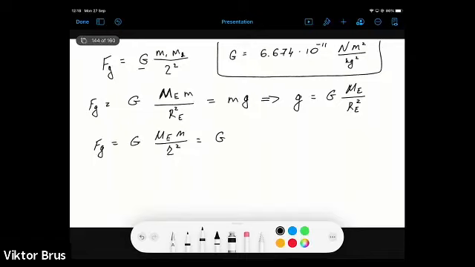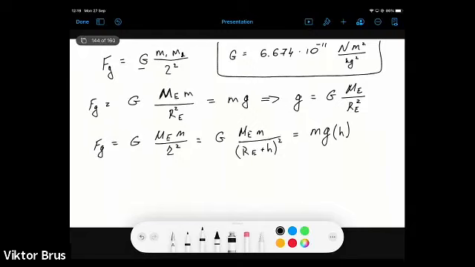So it will be the gravitational constant, the mass of the Earth, times the mass of the body. And here in the denominator, we will have the radius of the Earth plus height, and that in second power. So in this case, it will also be some weight equal to the weight of the body, but here it will be g at height h. So it will be a function of the height.